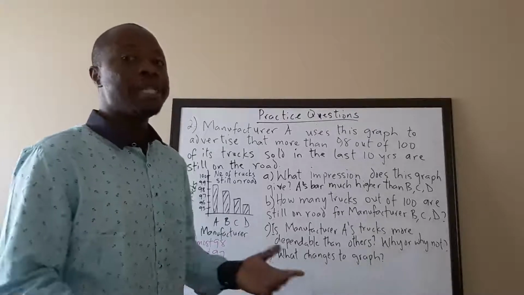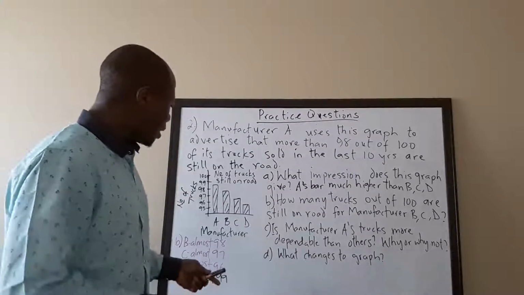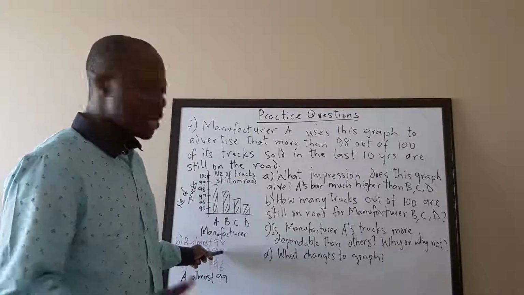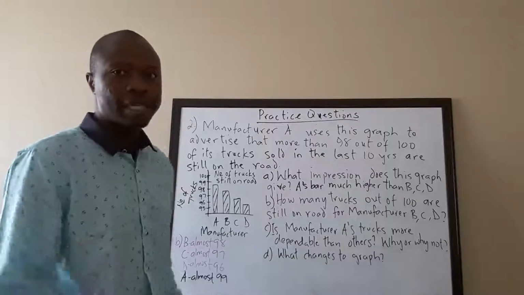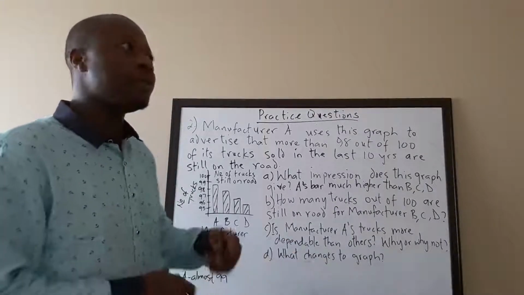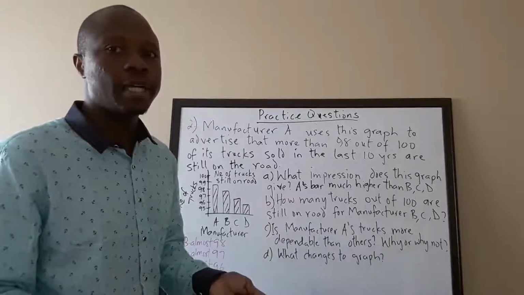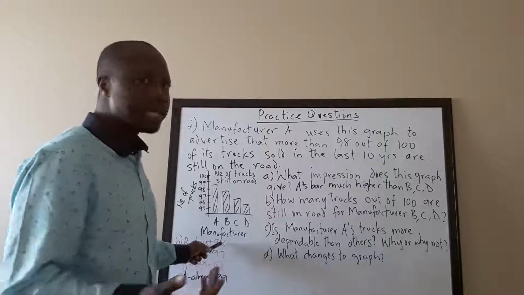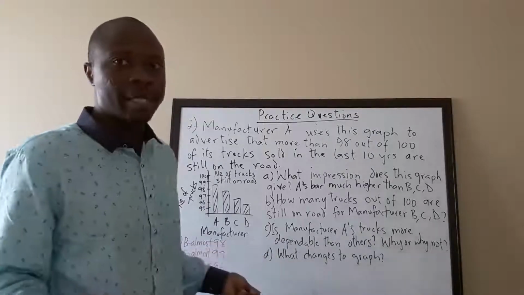It might have been different if we were dealing with, let's say, 70 and 60 or 65 or 50. That's a huge difference between 50 or 60 and 99. But there's not a huge difference between 99 and 98 or 97 or 96.